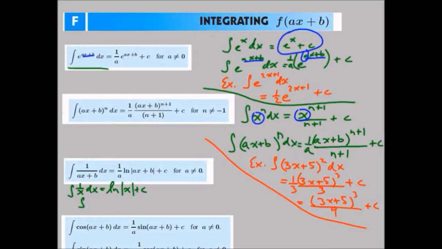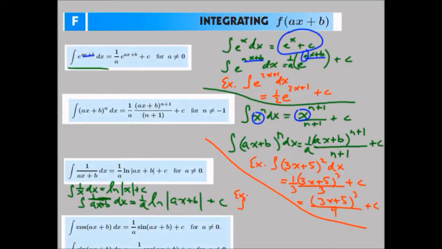So here we have a more complicated version of this. And so we do the same thing, but it's not an x, it's an ax plus b. And we multiply by the 1 over a and have our constant of integration. An example.